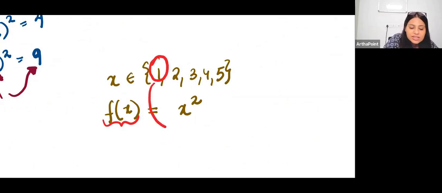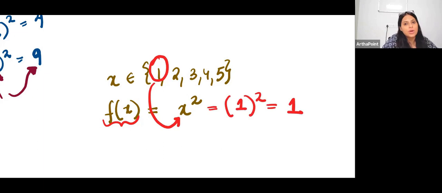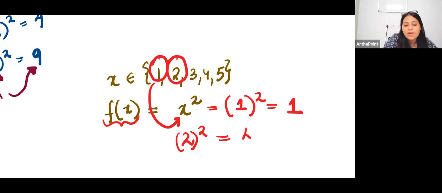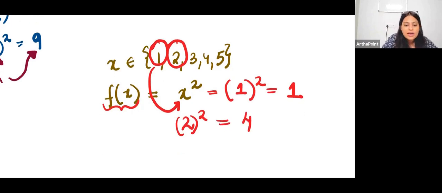It is going to plug this value of x inside this function. So it is going to plug 1 instead of x. It is going to get the answer for you. So the answer is 1. Again, it is going to pick up another value of x because x is defined over 5 values. For that value of x, it will give you the value of the function. So it can do it for all the values of x.